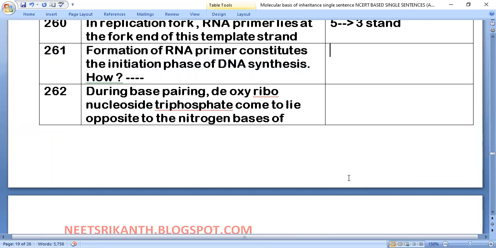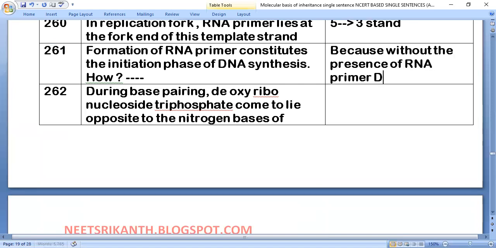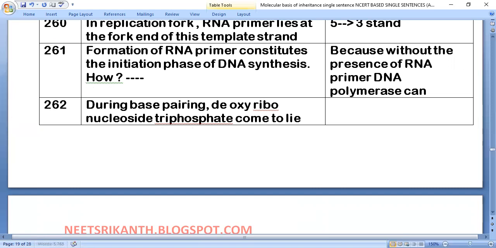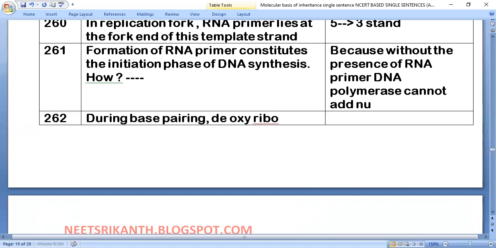Formation of the RNA primer constitutes the initiation phase of DNA synthesis, because without the presence of the RNA primer, DNA polymerase cannot add nucleotides.